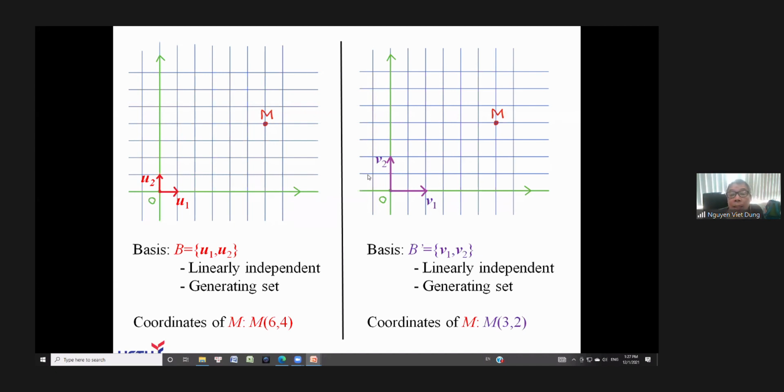But in that basis B prime, the coordinate of M now is 3, 2, because M equals 3 times V1 plus 2 times V2. So you see, the same point or the same vector, but in a different basis, we have a different coordinate. That is one important thing.